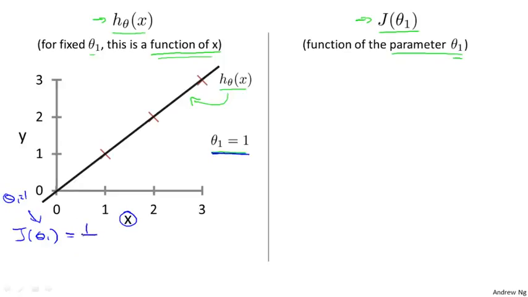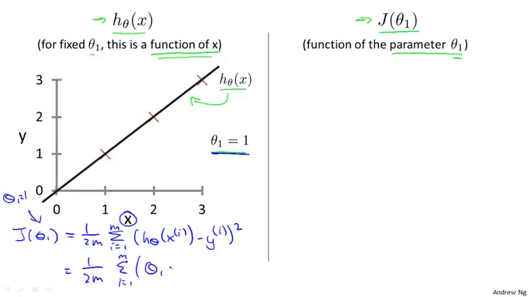Well, as usual, my cost function is defined as follows: the sum over my training set of this usual squared error term, of theta 1 x i minus y i. And if you simplify, this turns out to be 0 squared plus 0 squared plus 0 squared, which is, of course, just equal to 0.